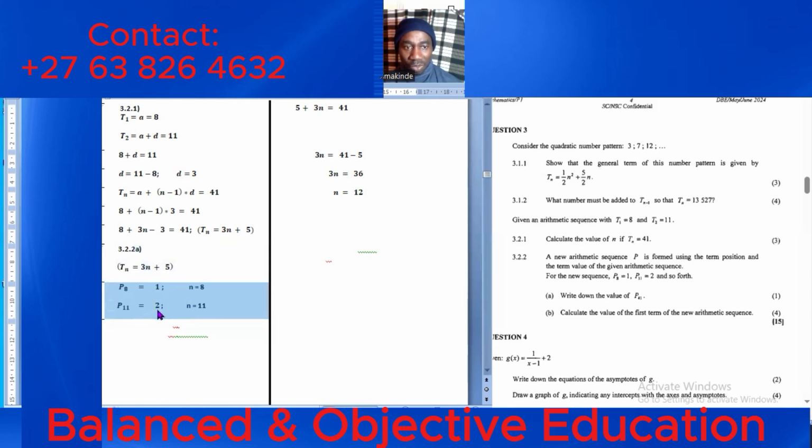If you substitute 2 into this n, you get 11. So the value in this P sequence represents the position in the original sequence.